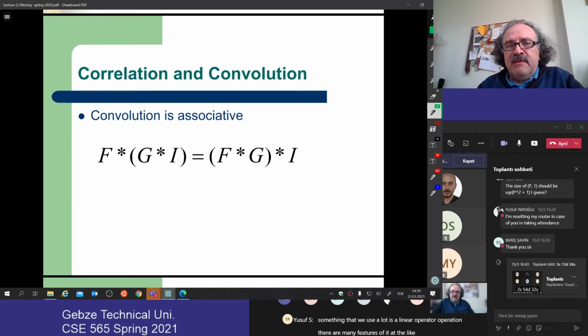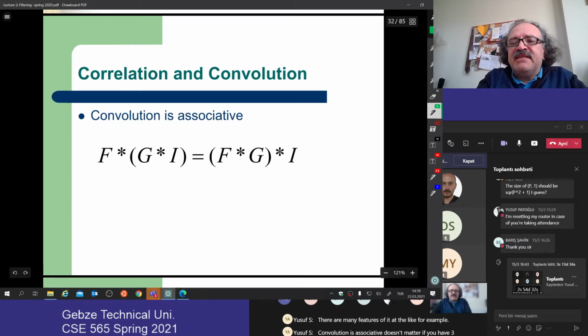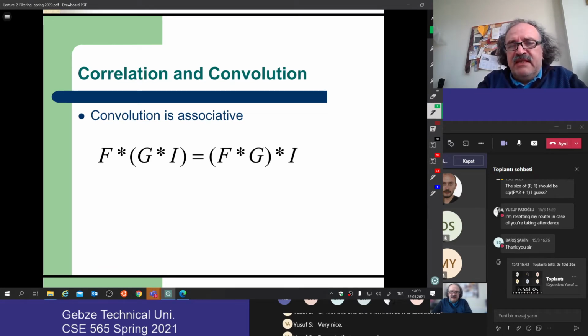For example, convolution is associative. It doesn't matter if you have three matrices like these: whether you do the convolution like this first and then next, or first this one and then next, it is associative. Very nice property that we are going to use a lot.